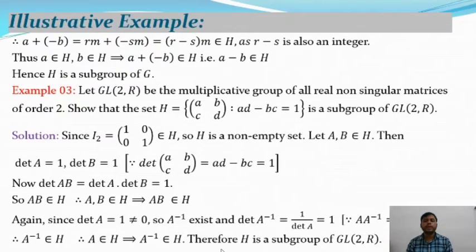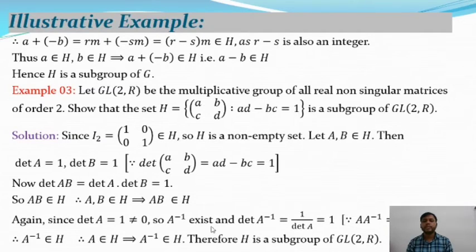So H satisfies the two conditions, AB belongs to H as well as A inverse belongs to H. This is another theorem on the subgroup, which I have already discussed in this lecture: A, B belongs to H implies A composition B belongs to H, and A belongs to H implies A inverse belongs to H, then H composition is a subgroup of G composition.